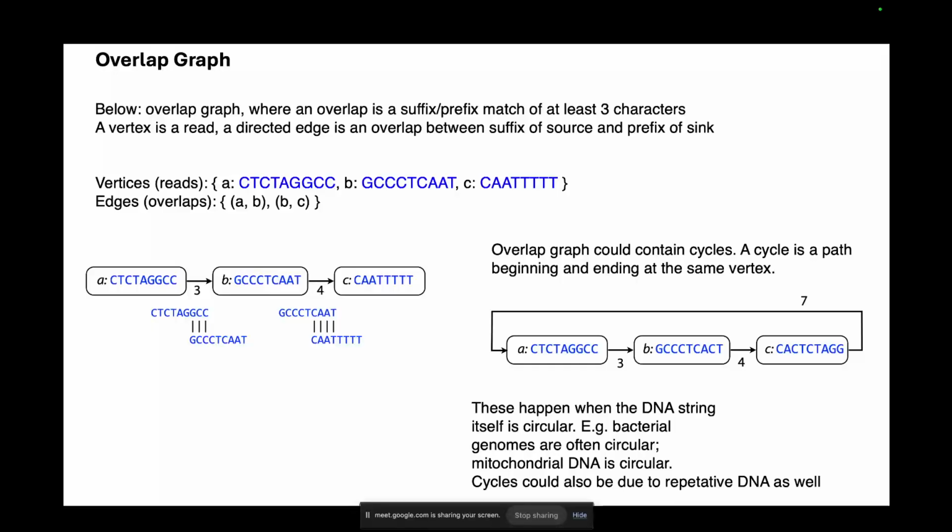So generally you get small modules of circular graphs inside the whole big graph because there are repeat units. And also, if the DNA you are sequencing is a plasmid or some sort of circular DNA, you're going to get an overall circular graph.